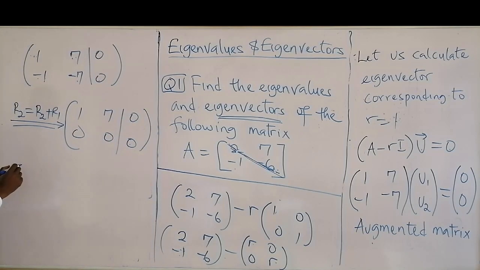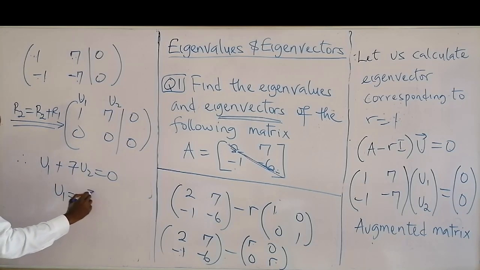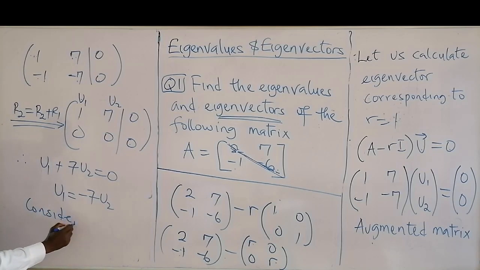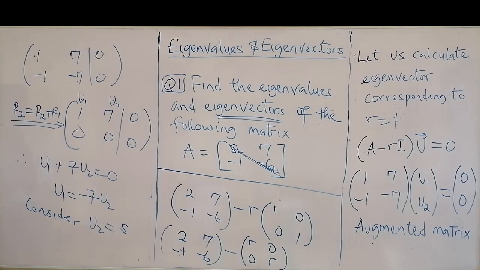So we now have, don't forget, the first column is for u1, u2. So that will be 1 times this, that's u1, plus this times this, 7u2, equal to 0. Then u1 is equal to minus 7u2. So consider u2, let's call it x. Okay?